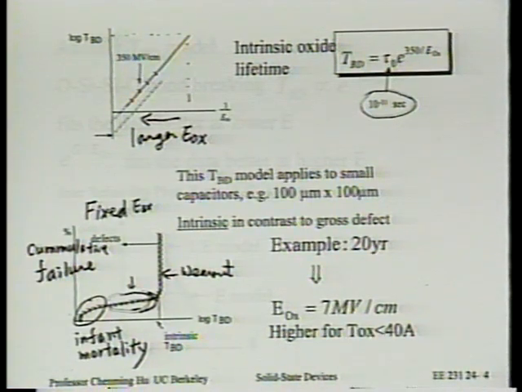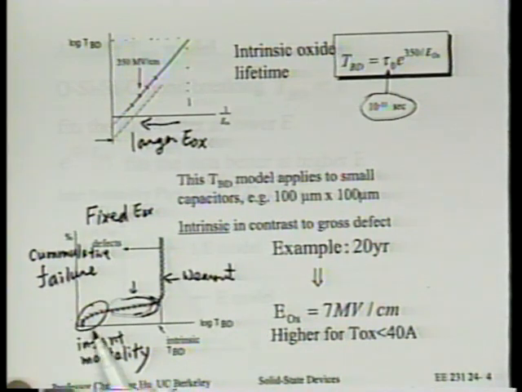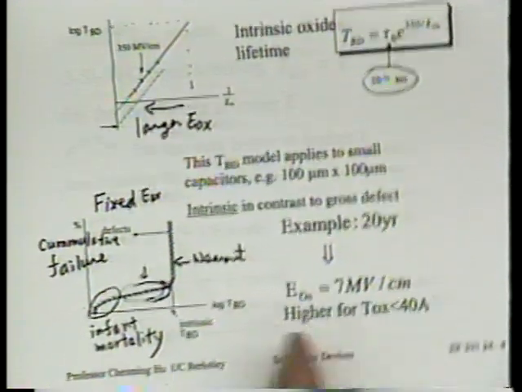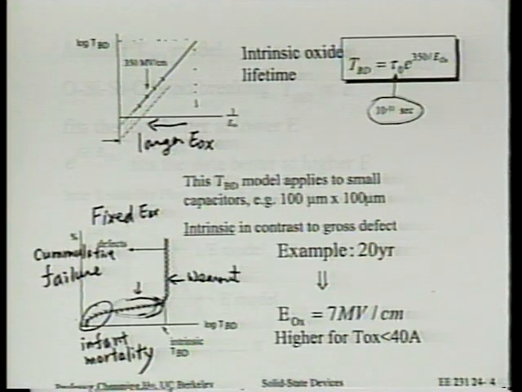On the other hand, if the first spot happens to be one of the points corresponding to this point, then once you chop that off, the remaining capacitor may take orders of magnitude longer time before it breaks down.